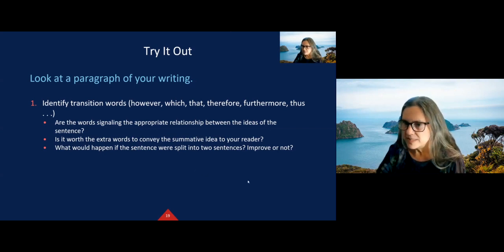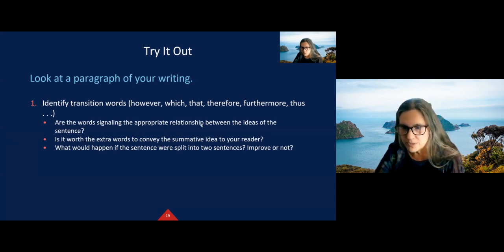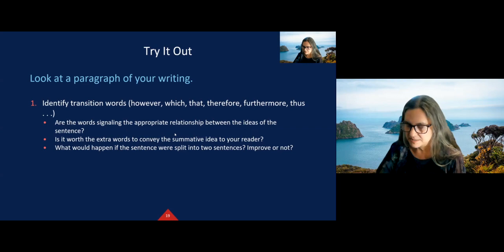Okay, I'm assuming that you've identified at least a couple transition words in a paragraph. So now it's time to ask yourself these questions. Are the transition words signaling the appropriate relationship between the ideas of the sentence?